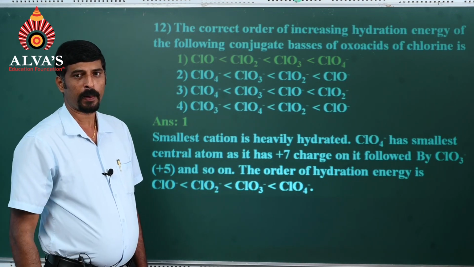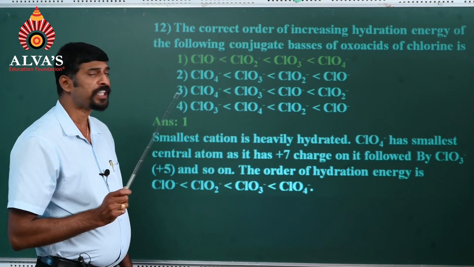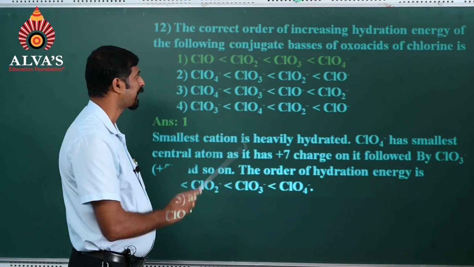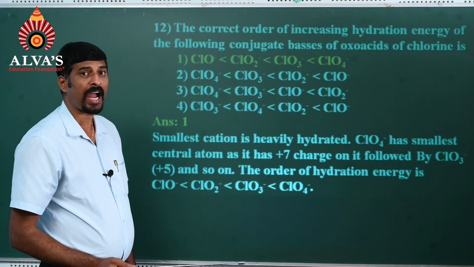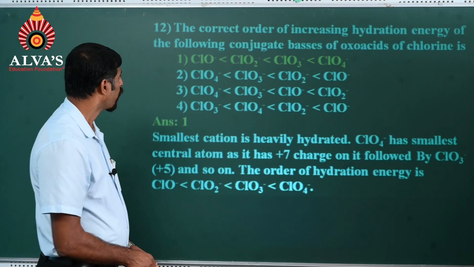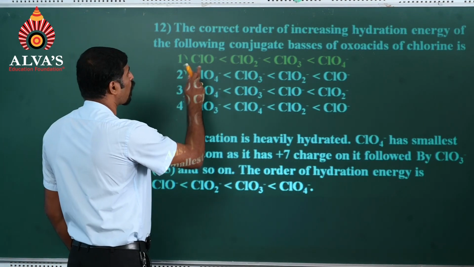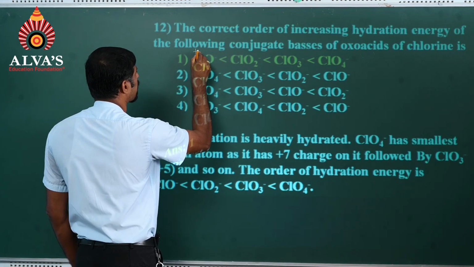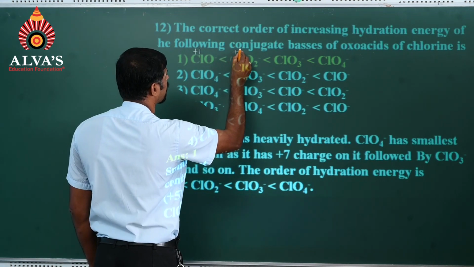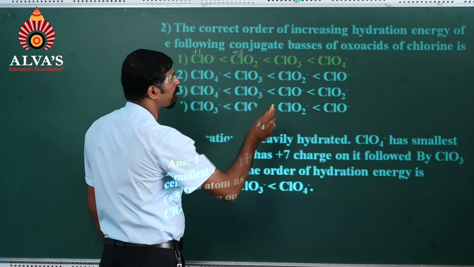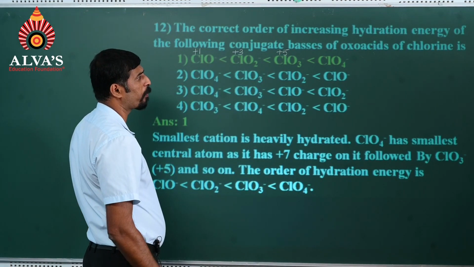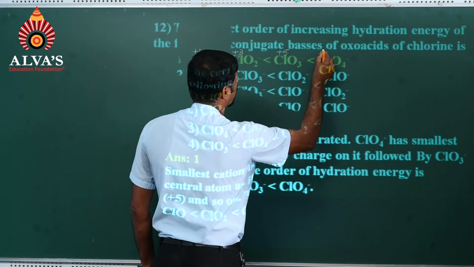Now, please remember, as the oxidation state of the central atom increases, its hydration enthalpy also increases. Therefore, if you observe, in ClO minus the oxidation state is +1, ClO2 minus is +3, ClO3 minus is +5, and ClO4 minus is +7.